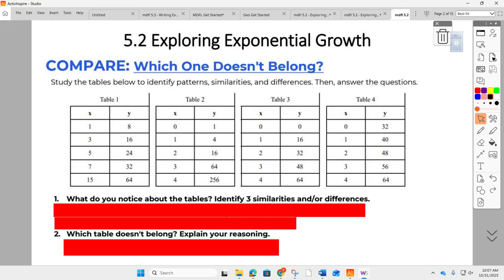What do you notice? How are they the same, Ezra? So the X is going up by a number, and Y follows that pattern. Okay. What do you notice, Kennedy? Tables 1 and 4 get divided by 8, 2 and 3 are getting multiplied by 0.2.